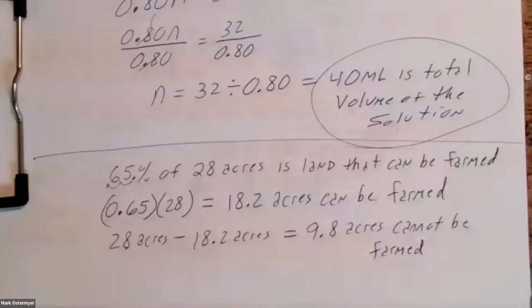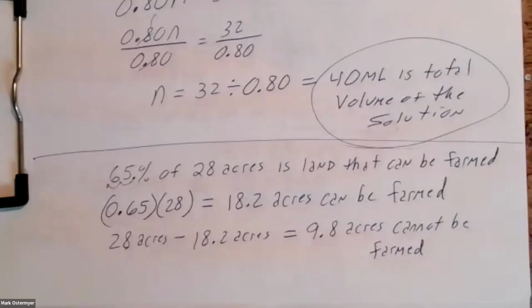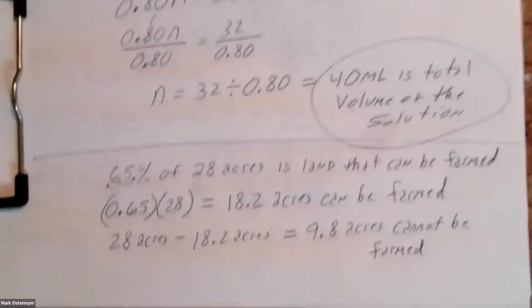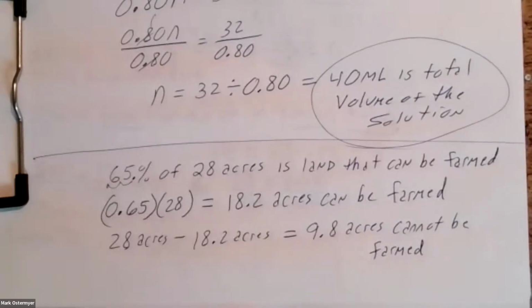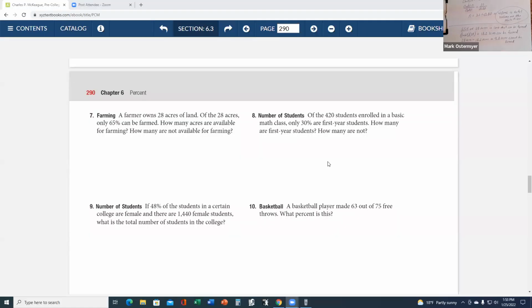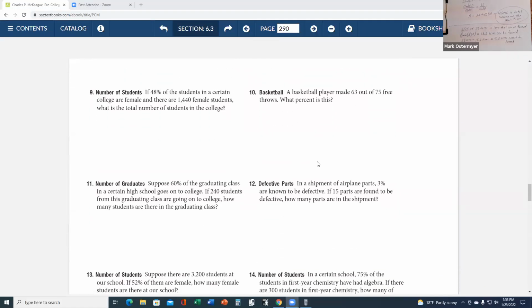Yeah, all 28 acres, correct? What if only 50% of the 28 acres could be farmed? How many acres would that be? 14. Yeah, half of the land could be farmed because 50% of something is half of something. Okay, so that was an interesting problem there. Let's see here.